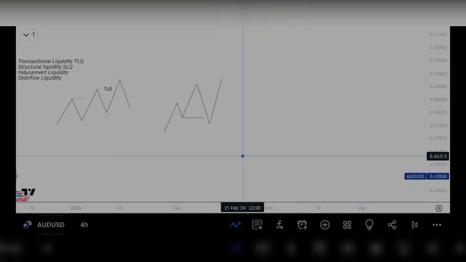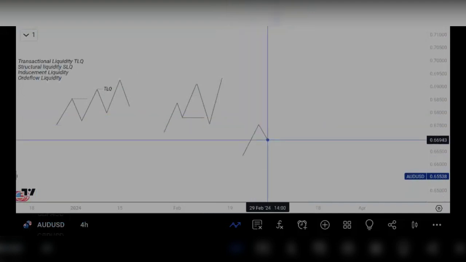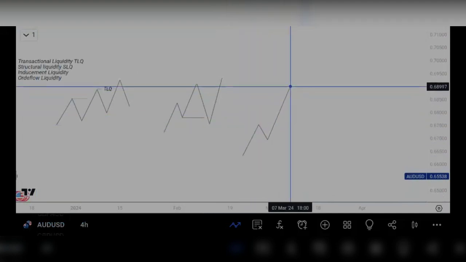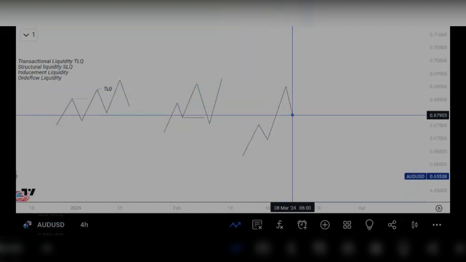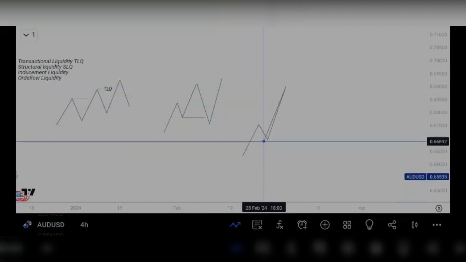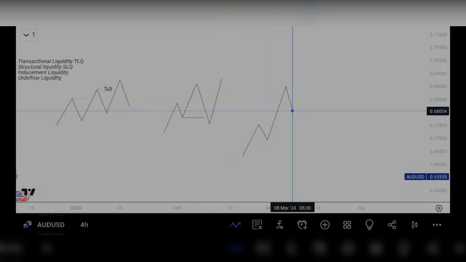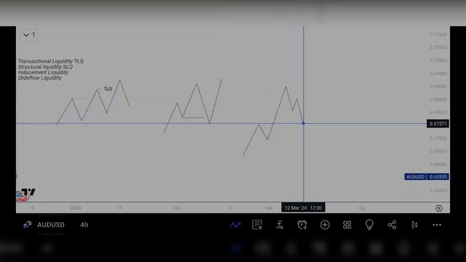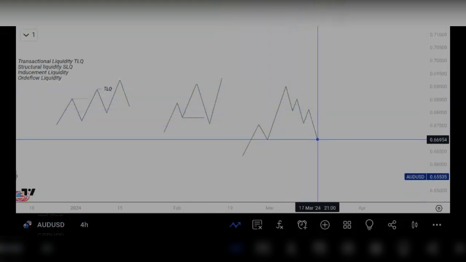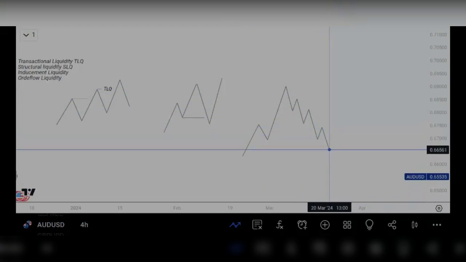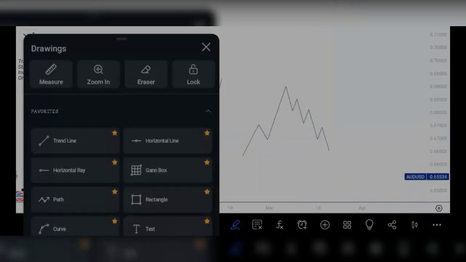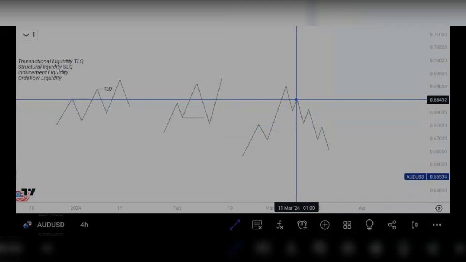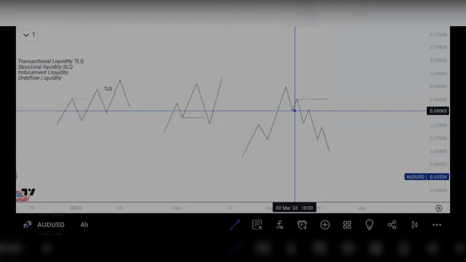Now, let's take for example when we have something like this, right? And now we'll be expecting that price will come and take this point out. But in the meantime, when price starts creating something like this and pushing down, then it finally takes this out. Now, all these points are called what? Structural liquidity. This is structural liquidity. This is structural liquidity.